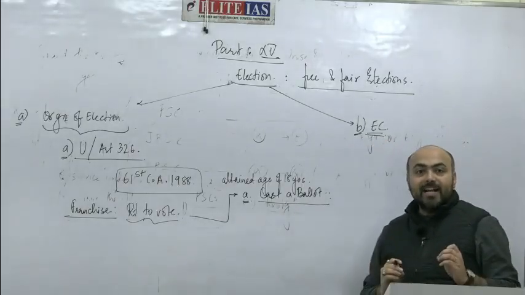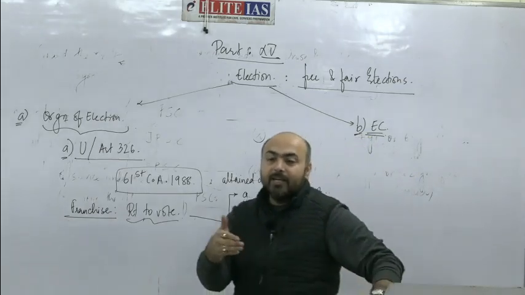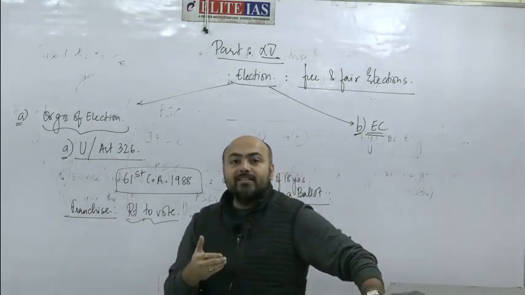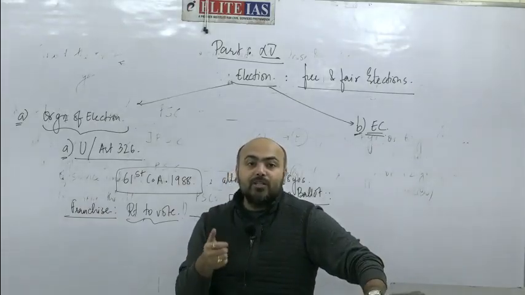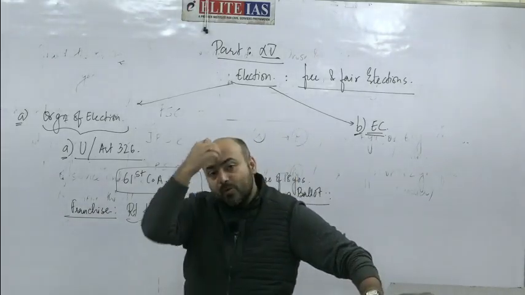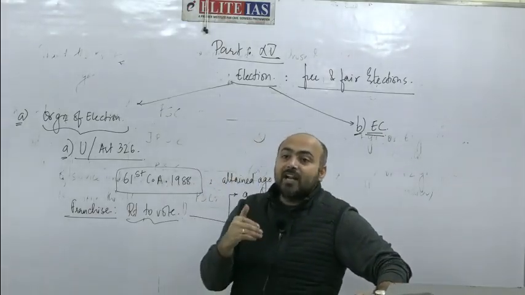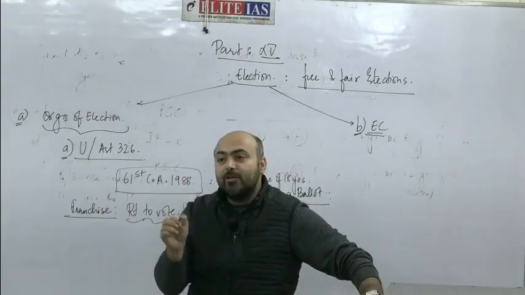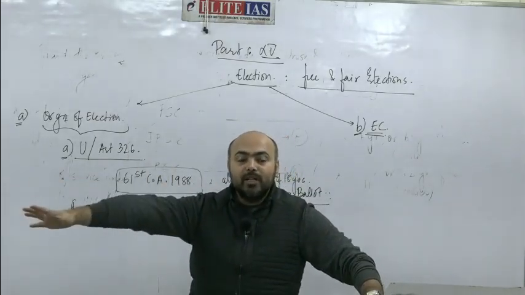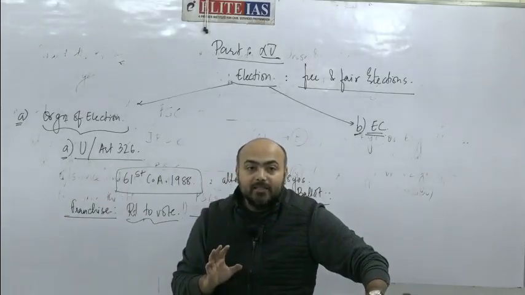That means I can cast my ballot. 8th of February, elections in Delhi. Suppose I am a voter in Delhi. What is the right that I have? First of all, I have the right to cast a ballot. So on 8th of February, I will have the right to go to the concerned polling booth and cast my ballot.